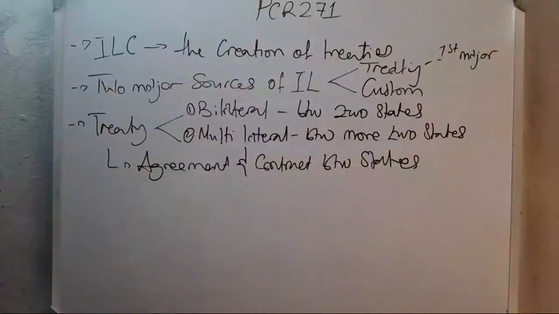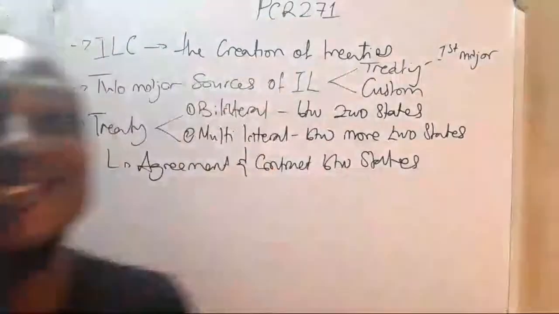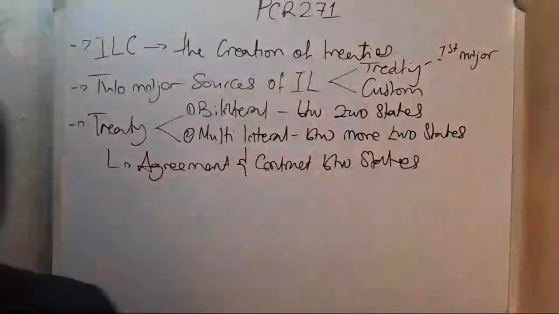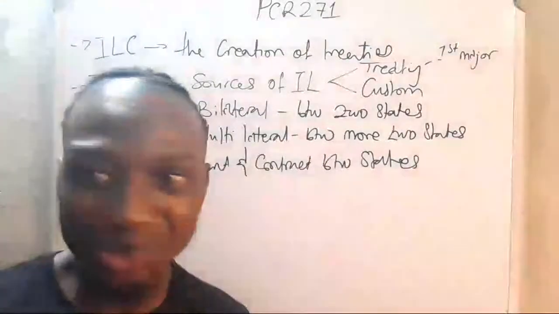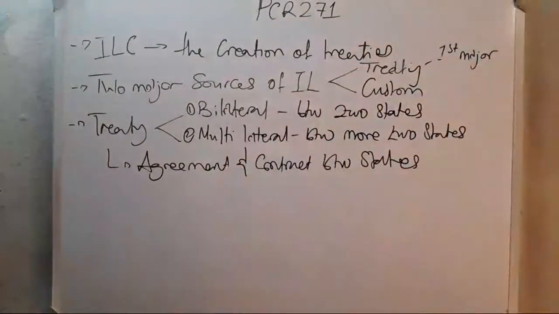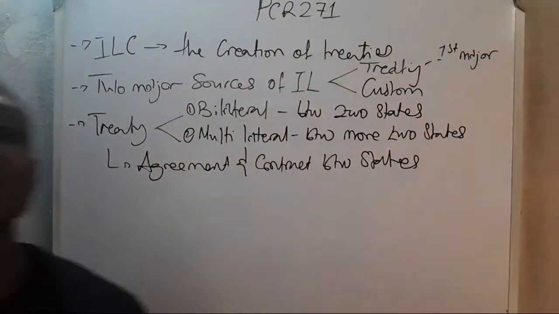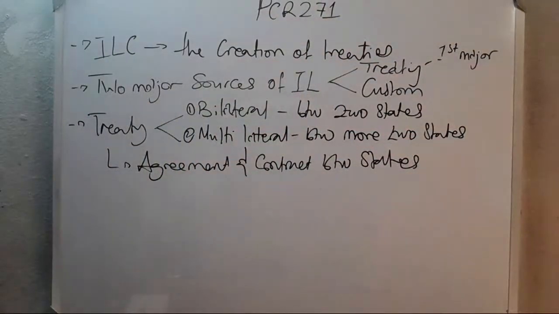When it comes to resolving conflicts, both parties must first entrust that, okay, we submit to you that you can handle this case. When it comes to treaty too, it's not imposed on any of the parties. It has to be what both parties want. Both parties must first agree to it. If not, it will not work, because there will be an agreement, and there will also be a contract.